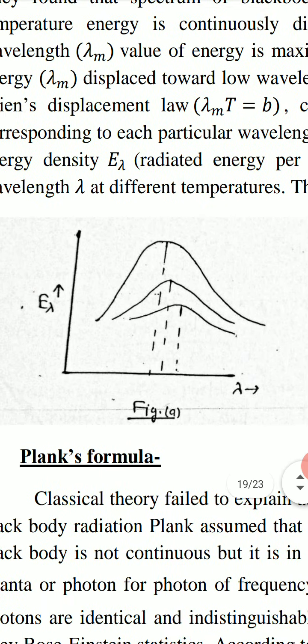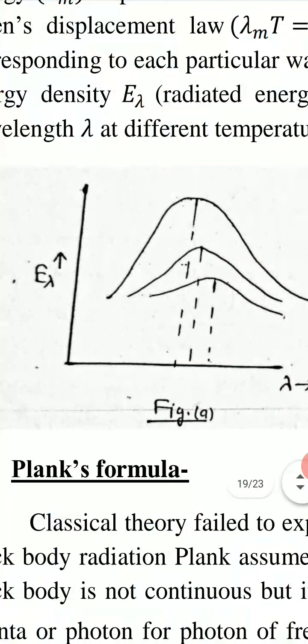We see from this graph that E lambda, spectral energy density, increases with lambda when lambda is small. So when lambda increases, E lambda increases, then it reaches a maximum value, and then E lambda decreases with increase in lambda.